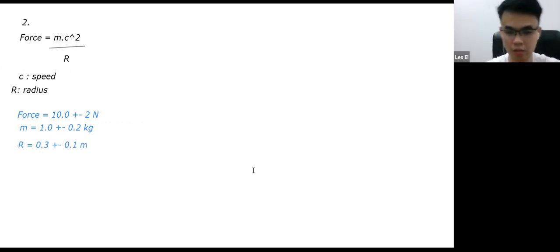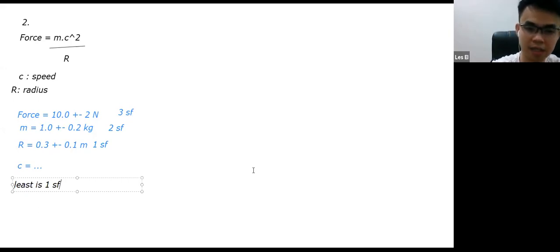So, okay, I want you to find the C or the speed. Remember, check the significant figure first. What is the least significant figure? This one, there are 3 SF, there are 2 SF, and there is 1 SF. So right now, keep in mind that your least SF is 1 SF.